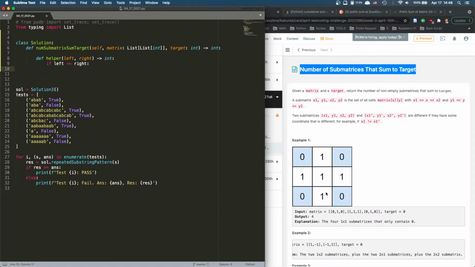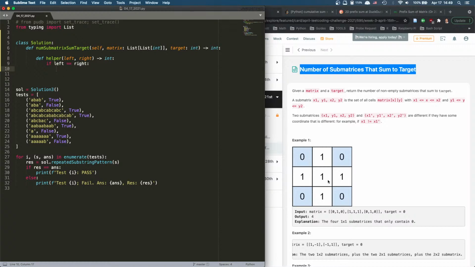Then we can use cumulative sum to compute the cumulative sum of the rows, right? And then the goal is simply to find this. We can use any row and use that to minus our target, and we just need to know if that thing exists inside the cumulative.